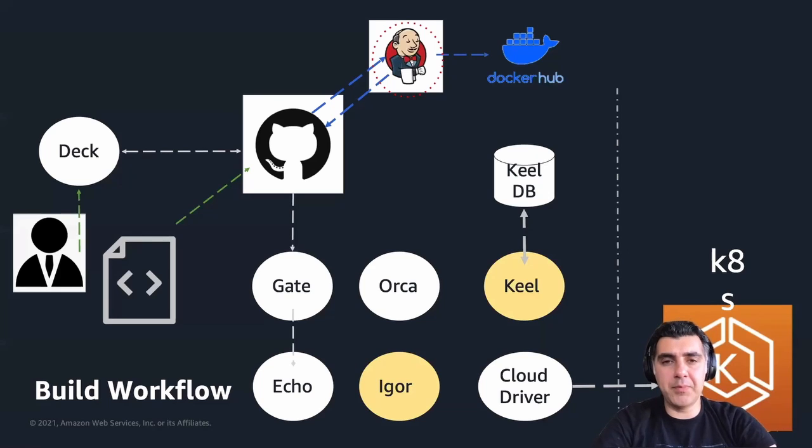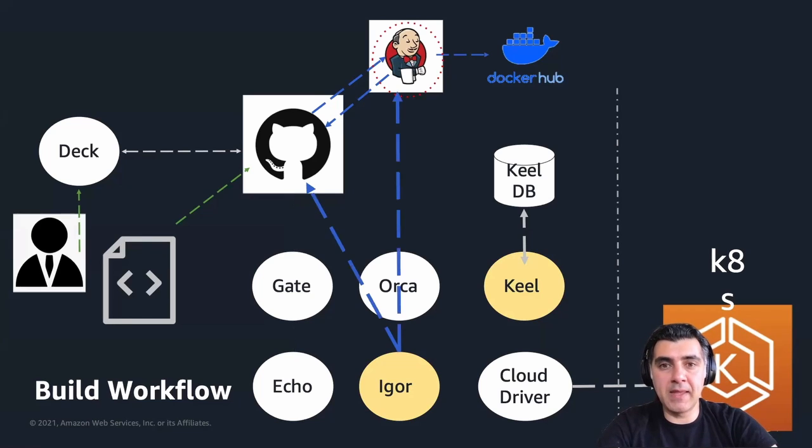So for this to happen, what we decided to do, and here I assume that you understand the lower level components of Spinnaker. So Igor, which is the component responsible for integration with source control systems and also with artifact registries, we enhanced Igor in such a way that it actually queries Jenkins for build information and collects the commit information as well as the job ID of a given build from Jenkins.